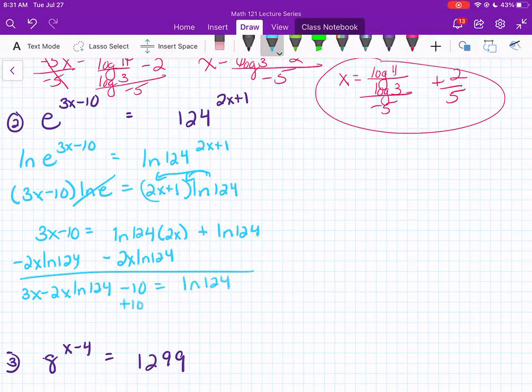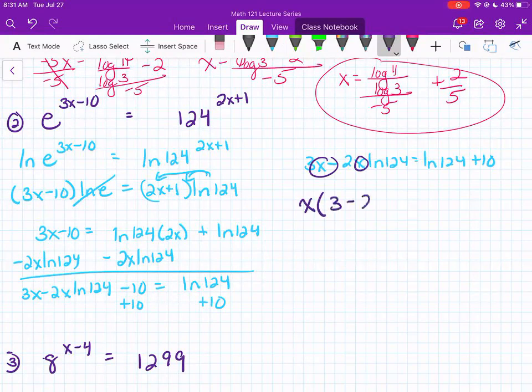And then I can add 10 to both sides, which gives me 3x minus 2x ln of 124 equals ln of 124 plus 10. I still want to get my x's by themselves. So to do that, I can factor x out, which leaves me with x times 3 minus 2 ln of 124 equals ln of 124 plus 10.